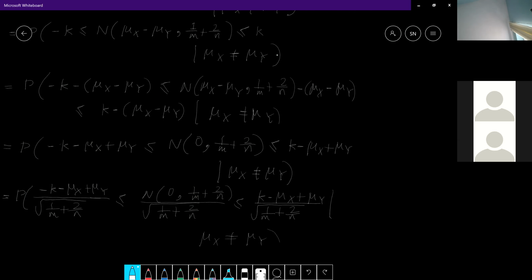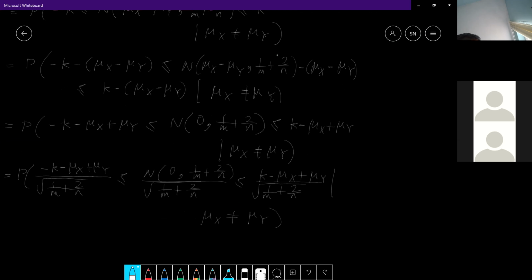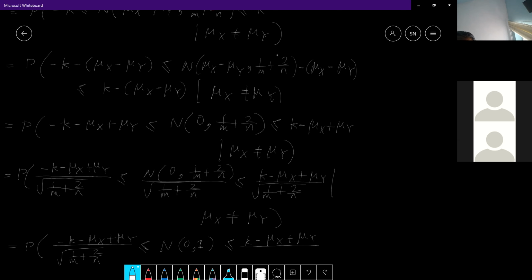So what you get is the probability that minus k minus mu x plus mu y divided by the standard deviation is less than or equal to, the middle term is clearly a standard normal variable, and less than or equal to k minus mu x plus mu y divided by the standard deviation. This is what you get.